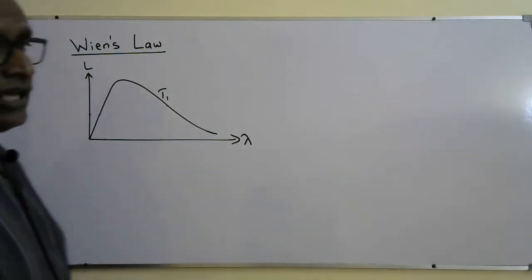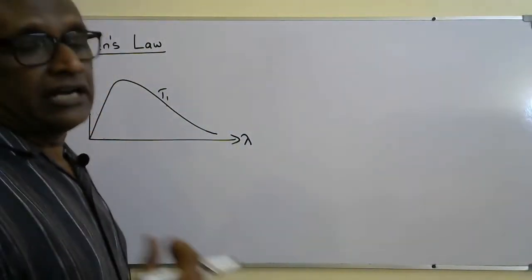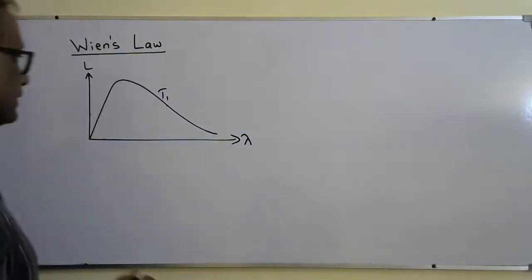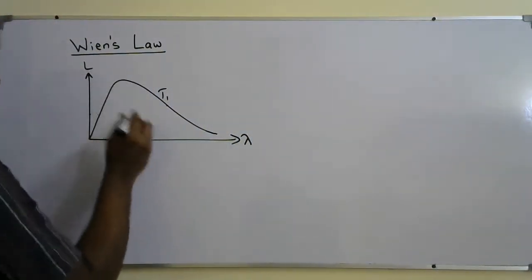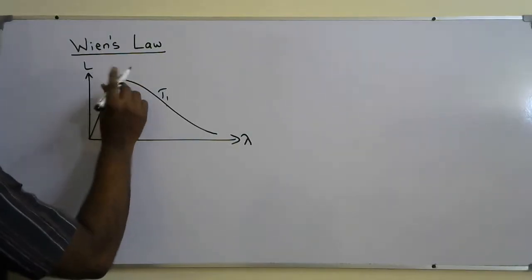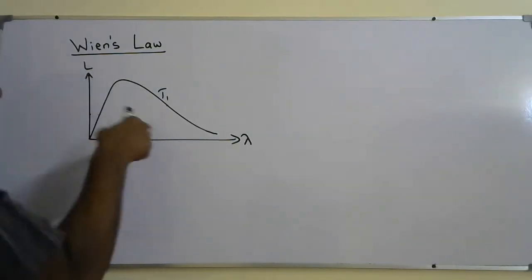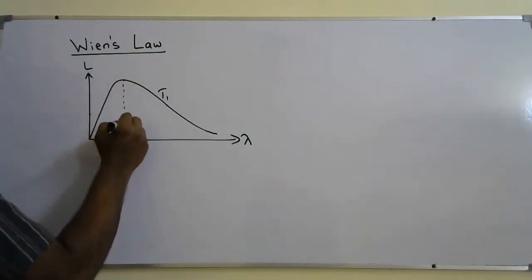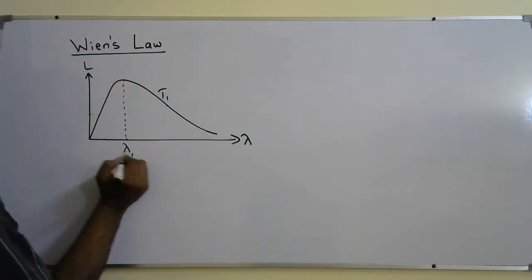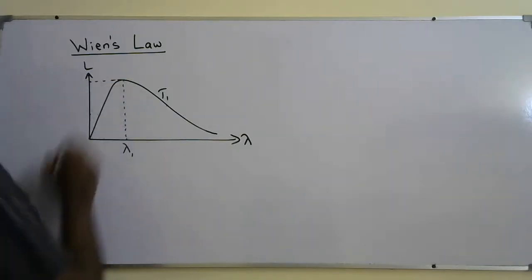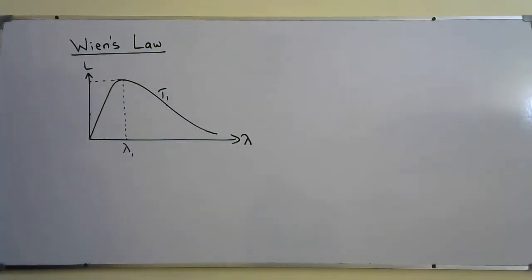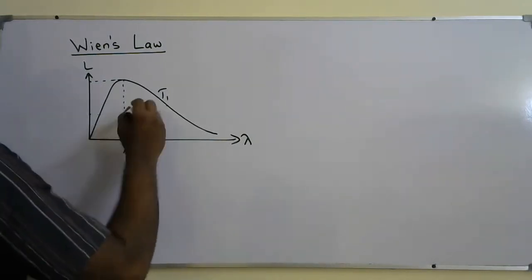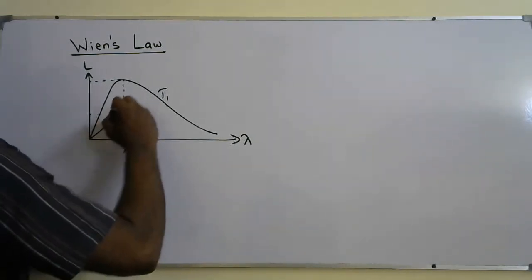Also, when the temperature decreases, if you have another black body at a lower temperature, the wavelength that corresponds to the peak luminosity will increase. At temperature T1, there is a wavelength lambda 1 that gives the maximum luminosity. But when the temperature decreases, the distribution curve will become like this.